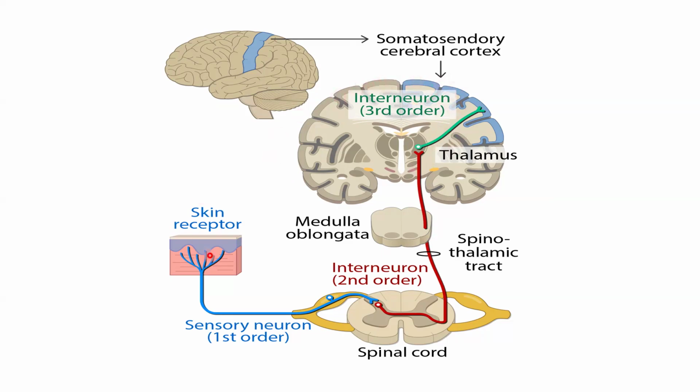So you can appreciate that that is a pathway. You can have pain pathways, vibration pathways, so many pathways, with modalities carried by specific tracts that we described a few days ago.